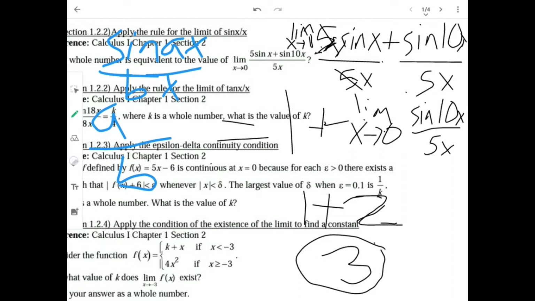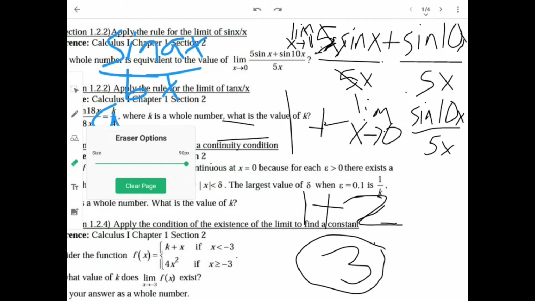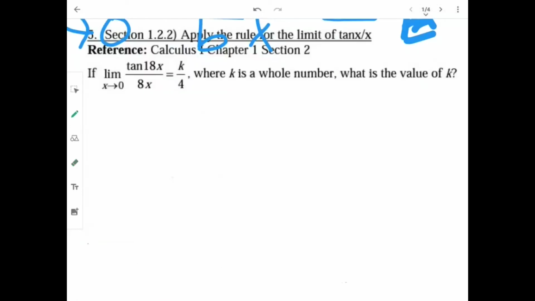Now, next question. Okay, so question 5, limit of x as it approaches 0 of tan 18x over 8x. So we have to split tangent into sine over cosine.